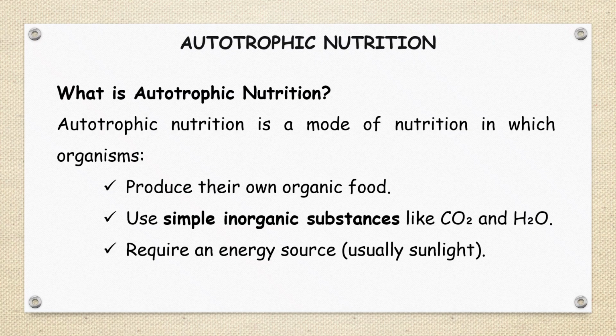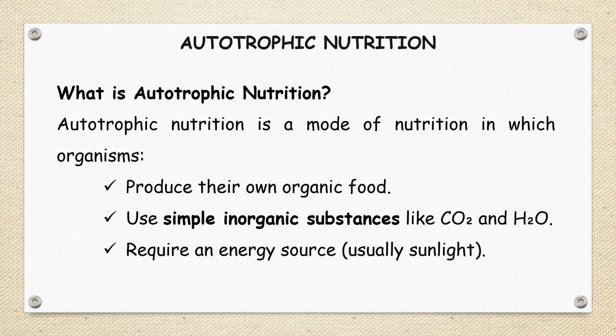Starting with the first type of nutrition, that is autotrophic nutrition or holophytic type of nutrition, which is mostly seen in plants actually. So what is autotrophic nutrition? Autotrophic nutrition is a mode of nutrition in which organisms produce their own food.